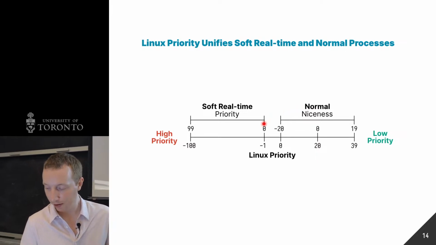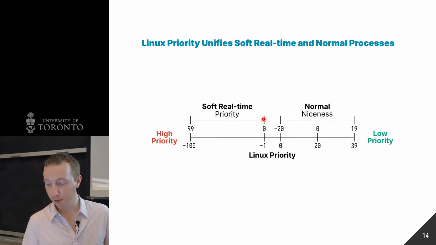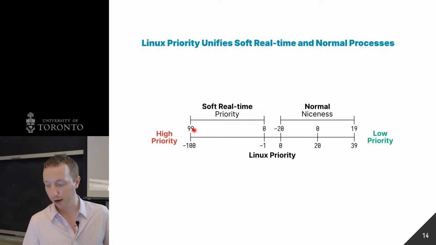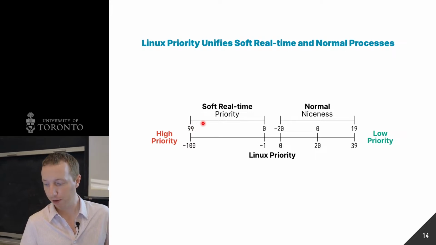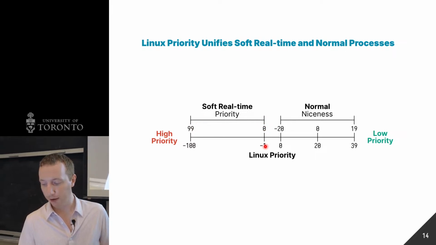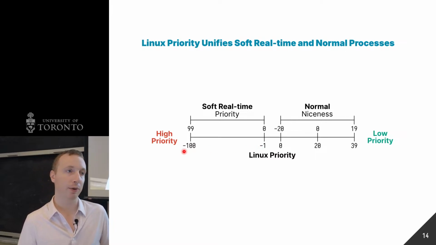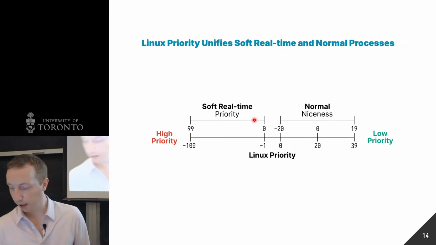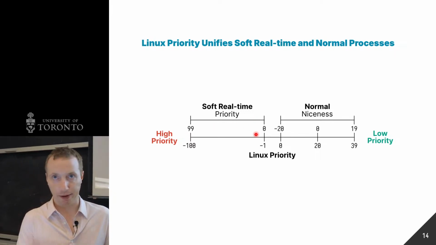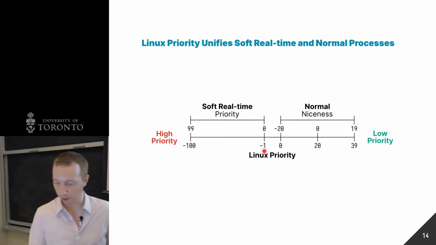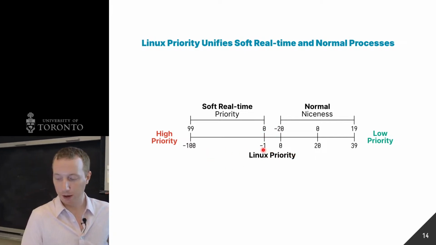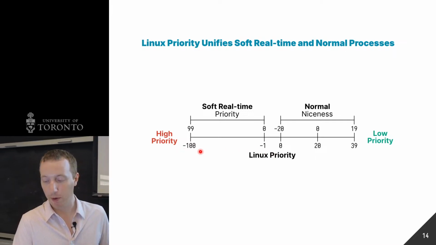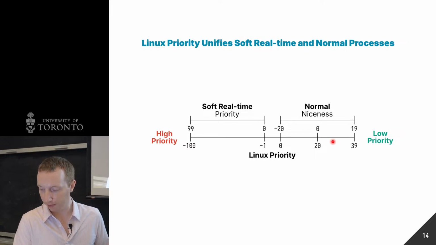For soft real-time processes, normally 0 is the lowest priority and 99 is the highest priority. So they just invert it and turn it into -1 all the way to -100. So 99 would be turned into -100 and 0 would be turned into -1, and then the rest of them follow suit. So if you look at the Linux priority number, if it's negative, that means it is a soft real-time process, and the more negative it is, the higher priority it is.